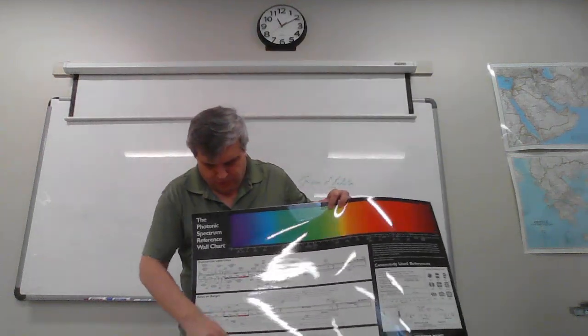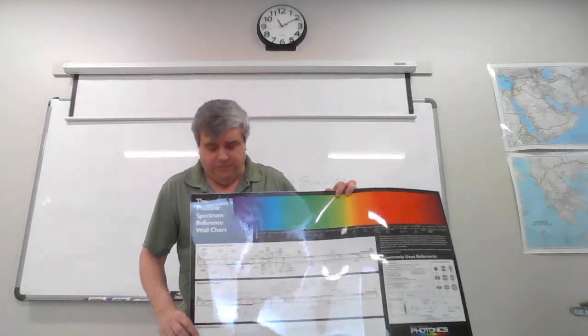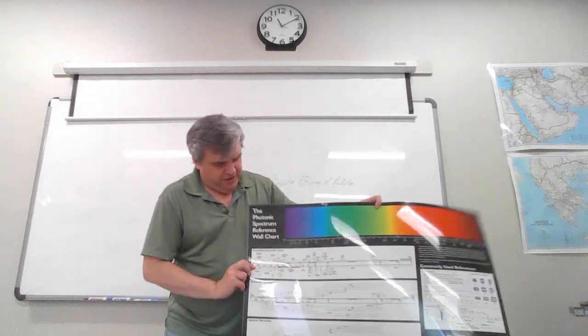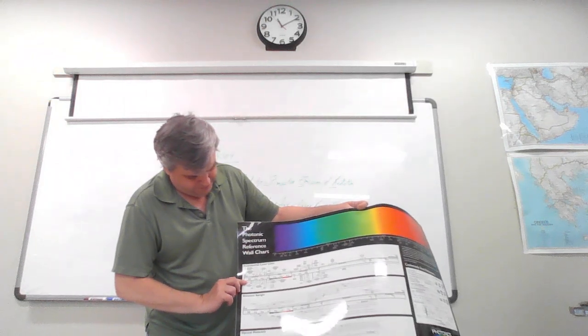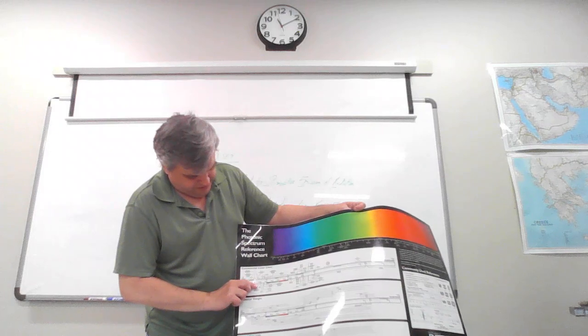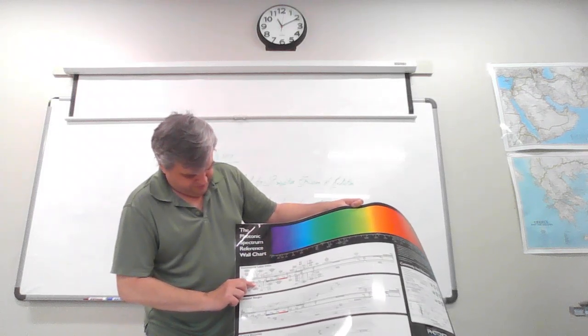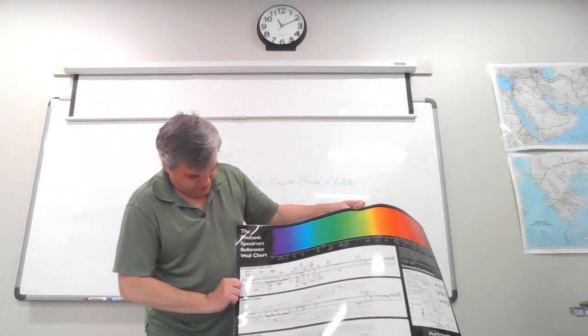Again, this is the visible spectrum, the area that human eyes have evolved to be able to see. But with different types of lasers, you use different types of crystals and so forth. For example, xenon chloride here, scanning at a wavelength of 308 nanometers, at the ultraviolet end of it.